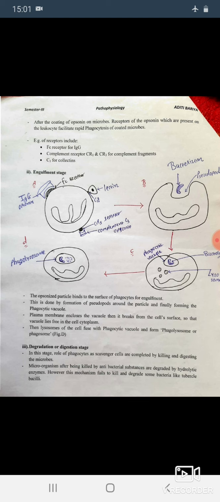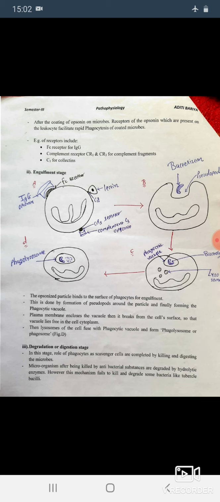Means that after the microorganism is killed, some lytic products remain. So those lytic products are then degraded by the hydrolytic enzymes present in the lysosome.